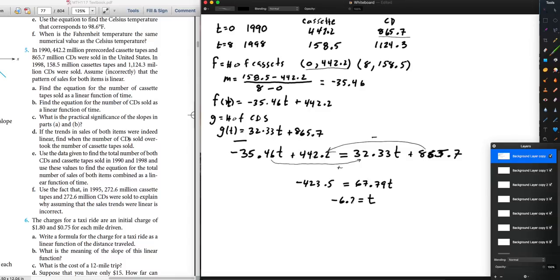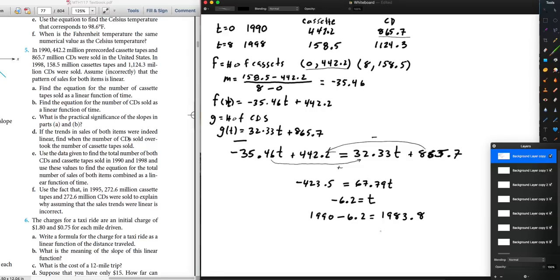Now, I know I keep saying time can't be negative, but remember, time equals 0 is 1990. So t being negative just means we are before 1990. If I take 1990 and subtract 6.2, I get 1983.8.